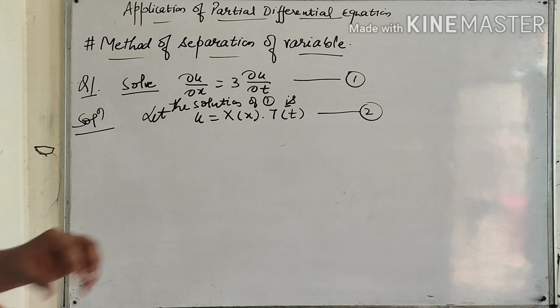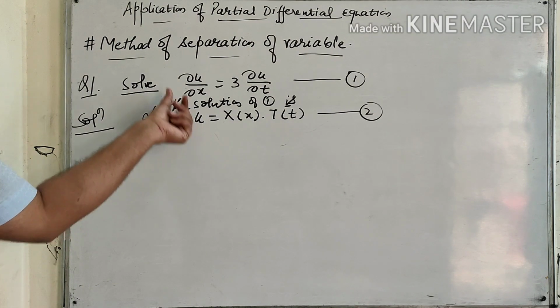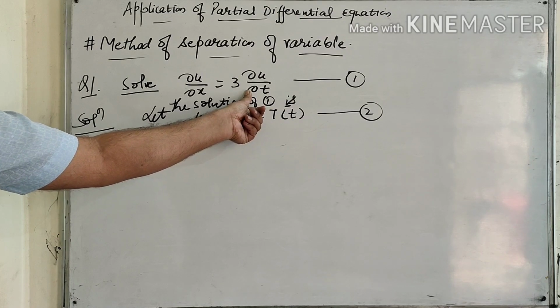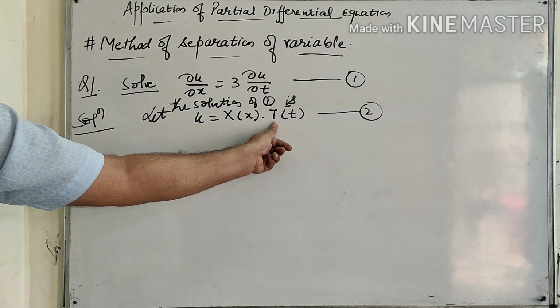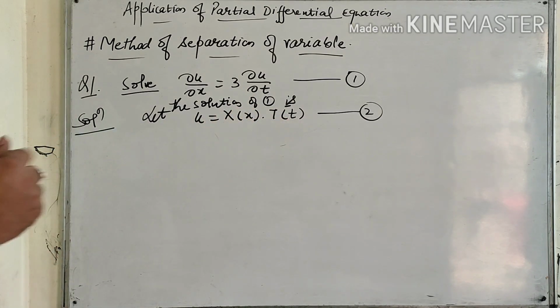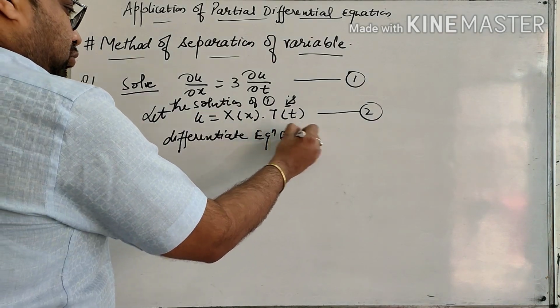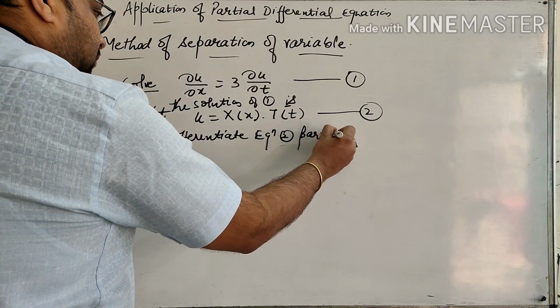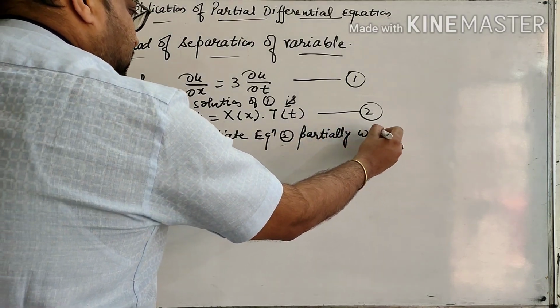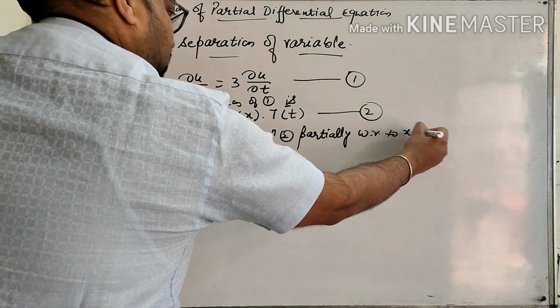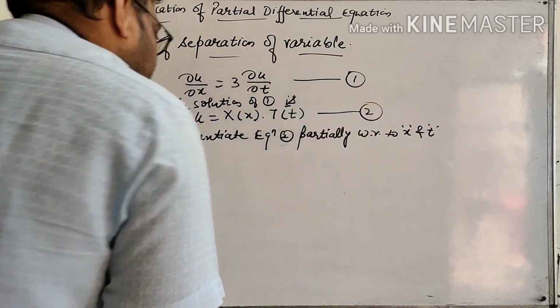So we have to find the value of del u over del x and del u over del t in terms of capital X and capital T. To do this, we differentiate equation 2 partially with respect to small x and small t.